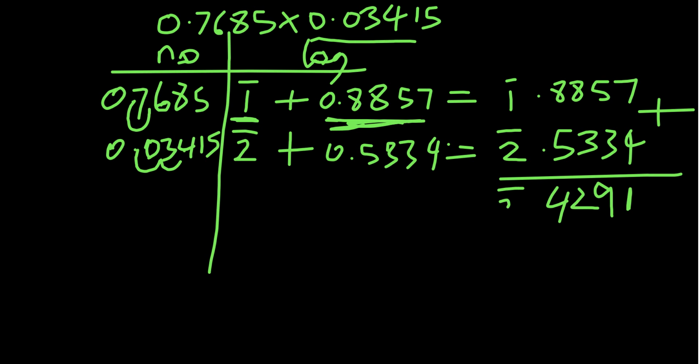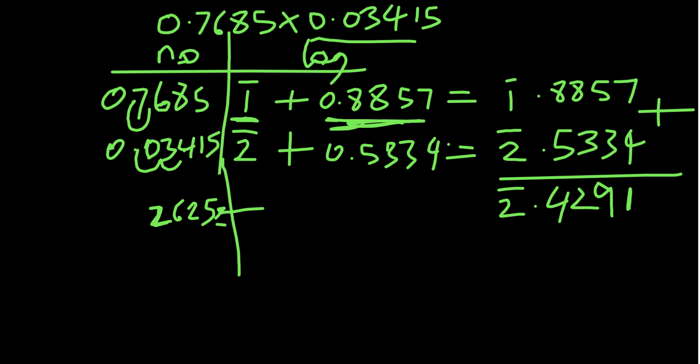So you will have to find the anti-logarithm of this number. If you go to your anti-logarithm table, you have anti-log 42 under 9 difference 1. It will give you 2625.